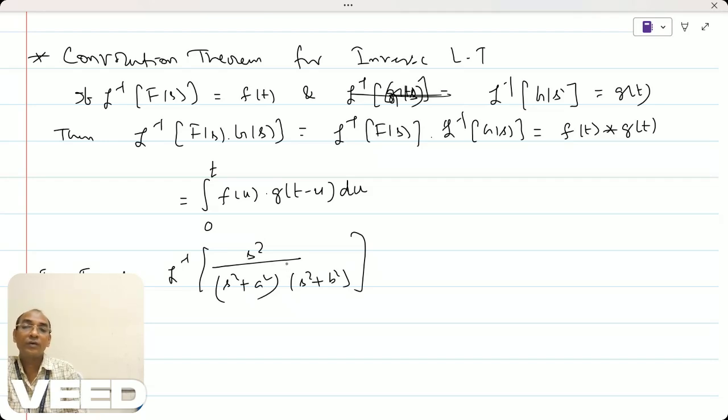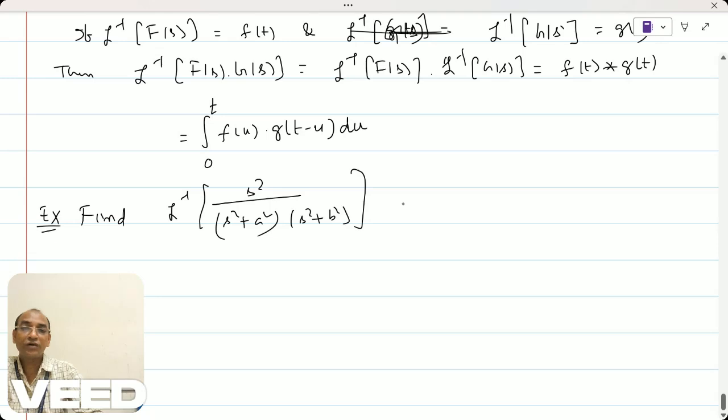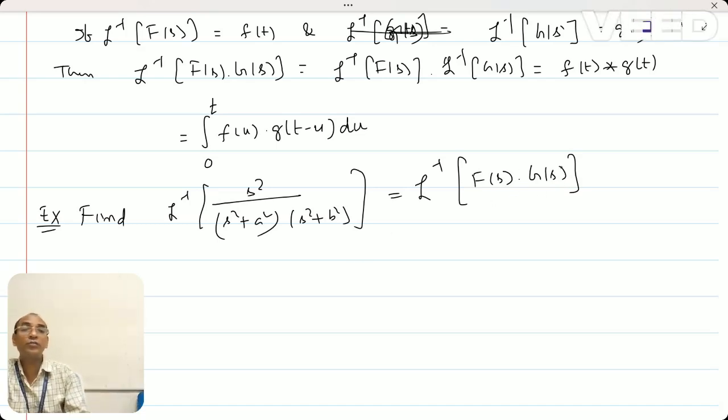In order to use the convolution, first of all you write this as a product of two functions, F(s) and G(s). In order to use the convolution theorem, we have to write the inside thing as a product of two functions f and g. So we can write that as L inverse of s by s square plus a square into s by s square plus b square.